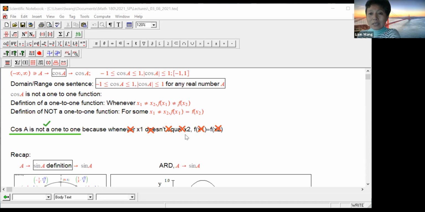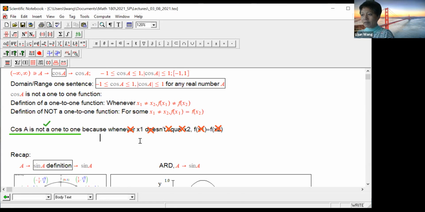Because I can instantly give him counterexamples. Could I give him a counterexample right away? Absolutely. I'm going to give him the counterexample.